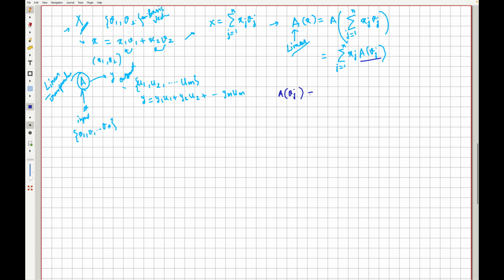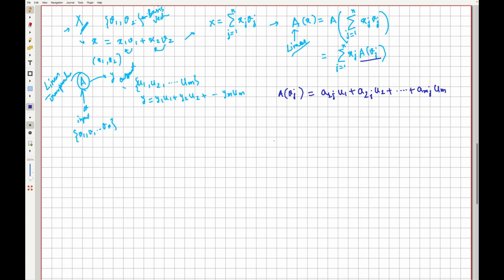So we could say A1j u1 plus A2j u2 plus all the way up to Amj um. So those coefficients Aij are going to become the entries of our matrix. That is our transformation matrix.